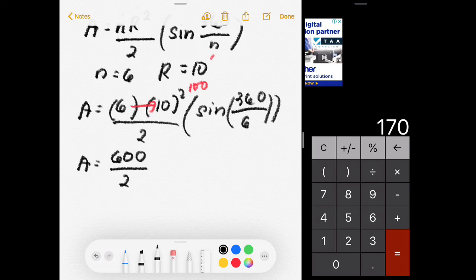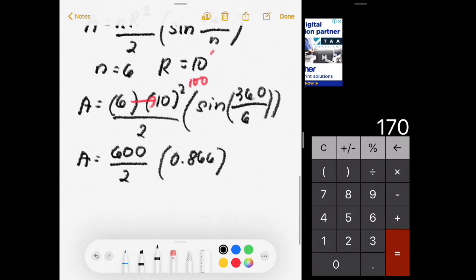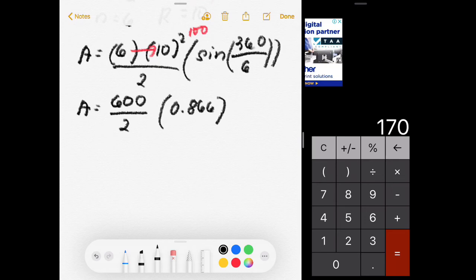The next one is sine 360 over 6. Again, make sure it's in degrees. So we have 0.866. Okay, ito decimal natin. And then the next one, we have 600 divided by 2. So we have area equals 300 times 0.866.